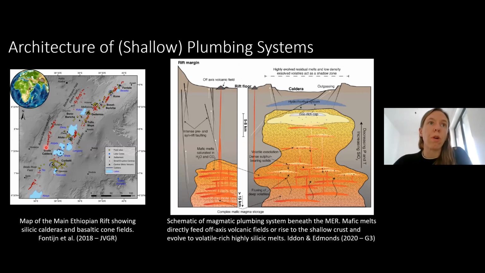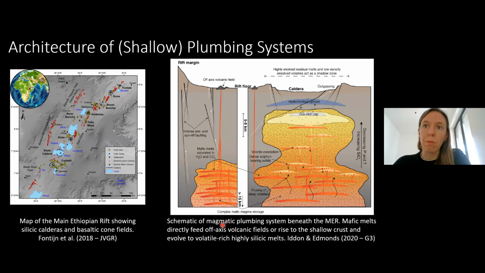And at the same time, we also have a lot of smaller basaltic cone fields, very often fault controlled, either along the rift axis, but also very often off axis. With all the combined information from petrology, geochemistry, but also geophysical constraints, we're starting to get better ideas on the plumbing systems. This is a schematic plot still from the same paper I mentioned before.